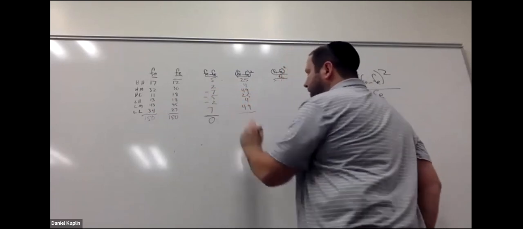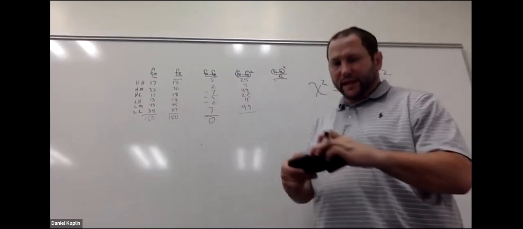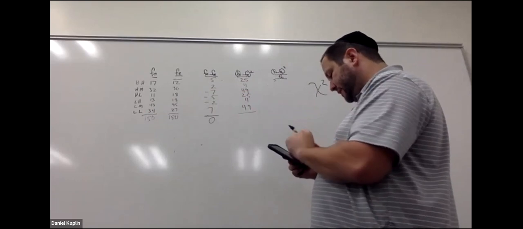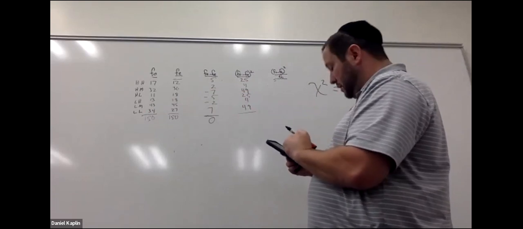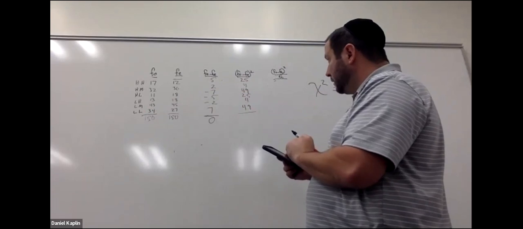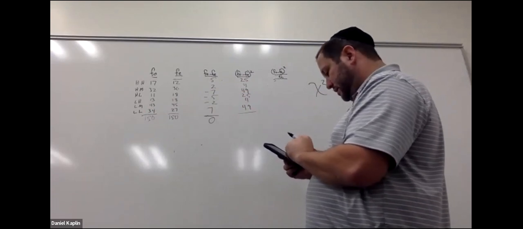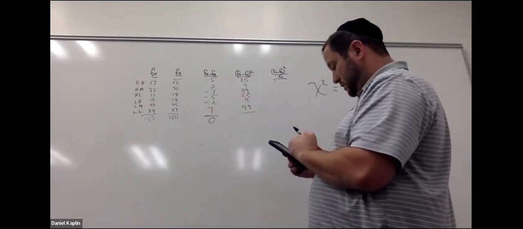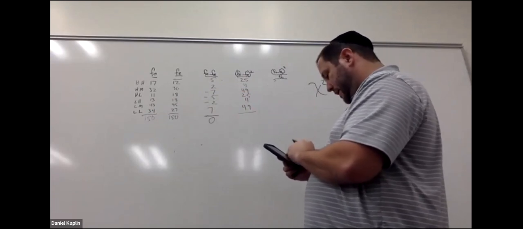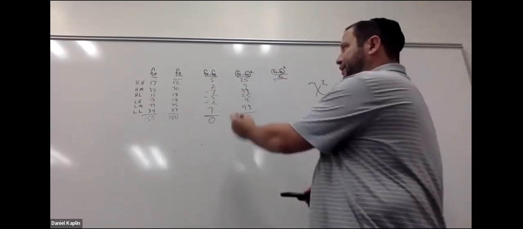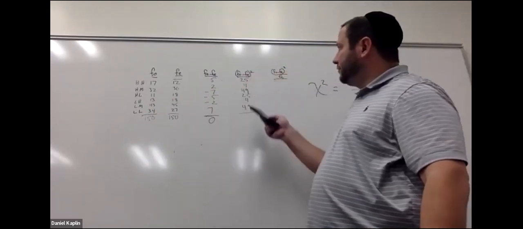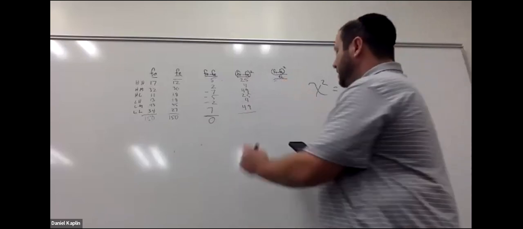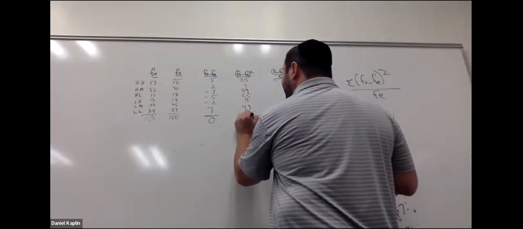So let's add that up, because I always like to add up all my columns. 25 plus 4 plus 49 plus 25 plus 4 plus 49. It's interesting the way we did it. The order actually replicated itself, right? 25, 4, 49, 25, 4, 49. So we add that up, we get 156.